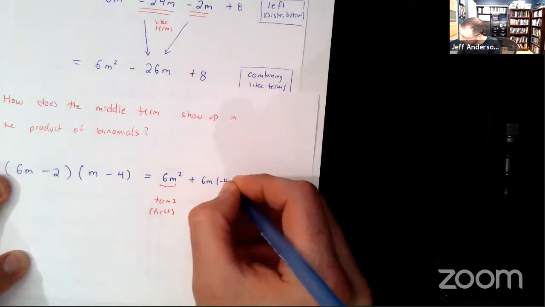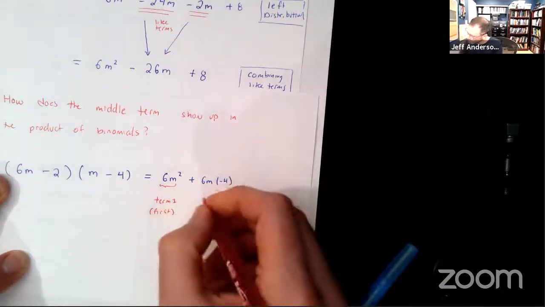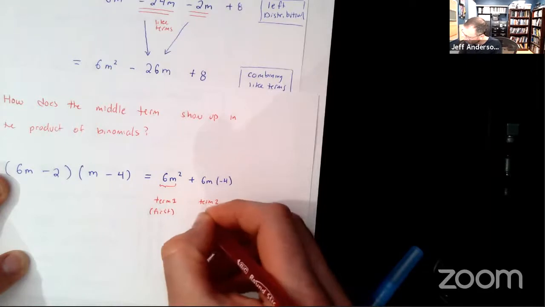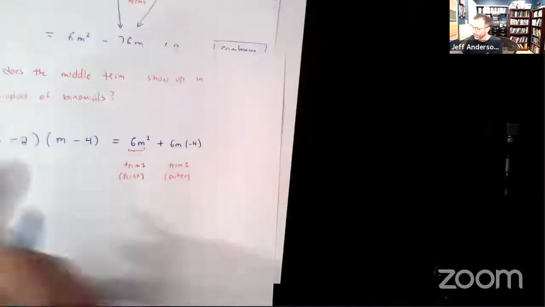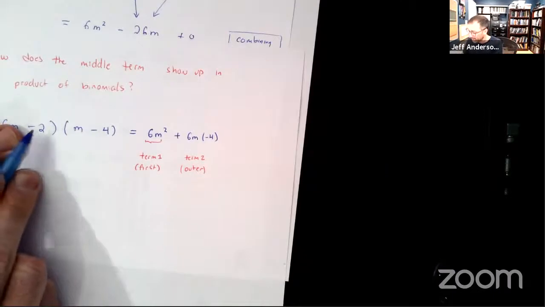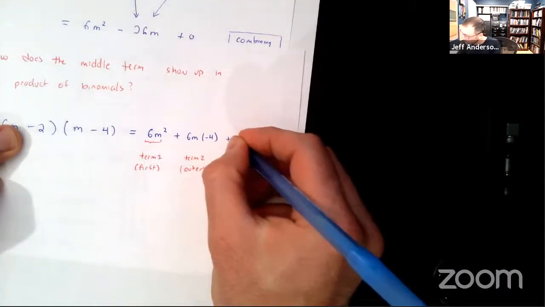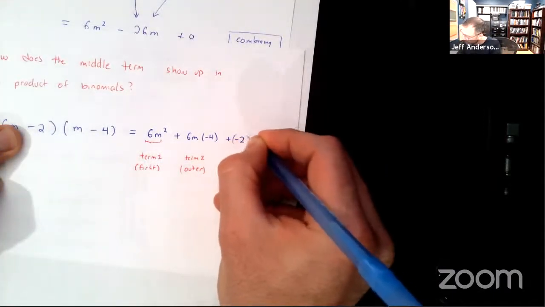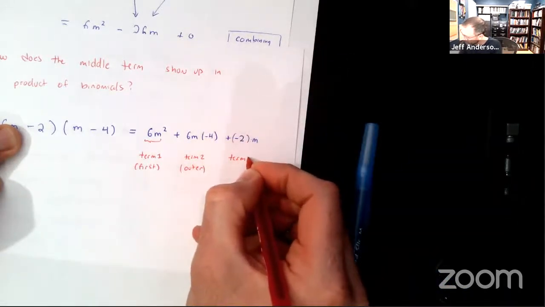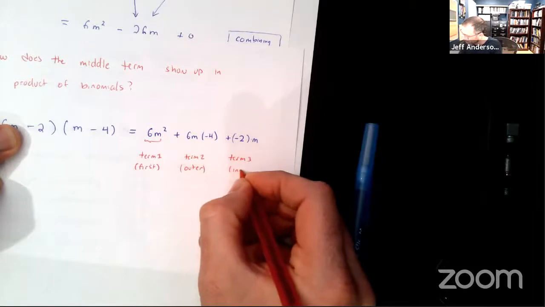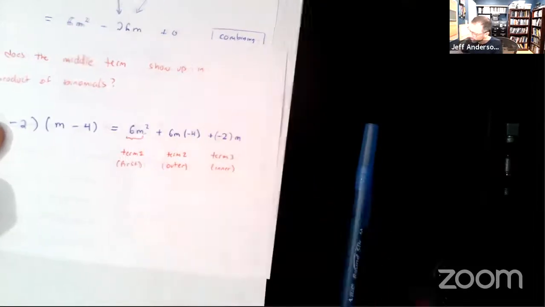So that's term 2, which folks that do FOIL, we call that the outer term. And then negative 2 times m. That's going to be term 3, and that's what we call the inner term.